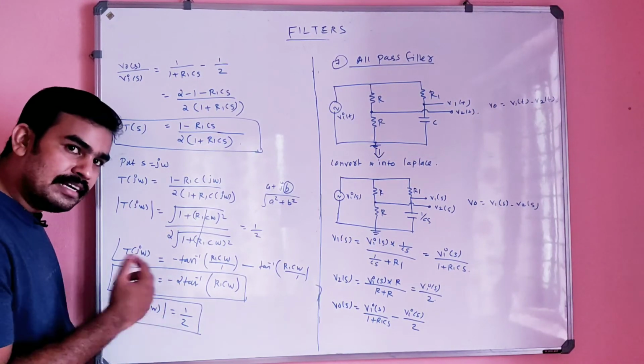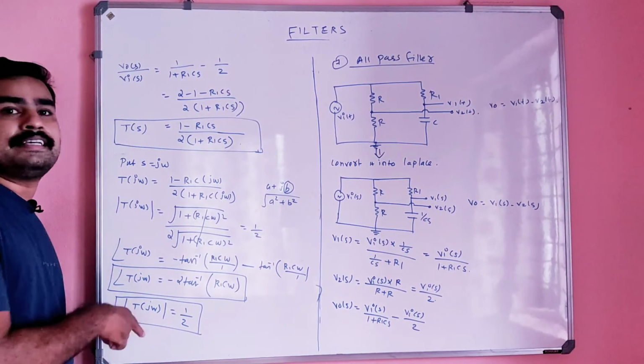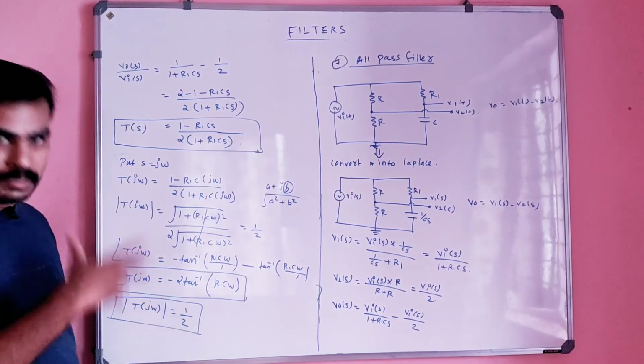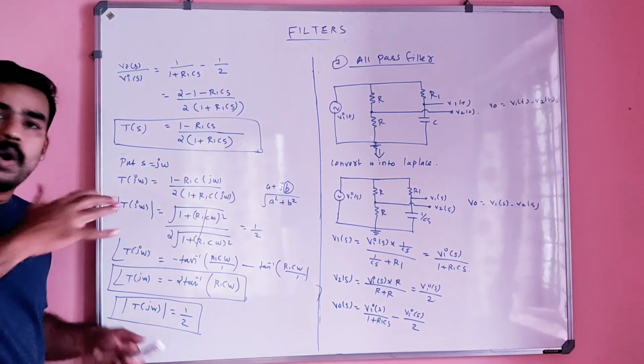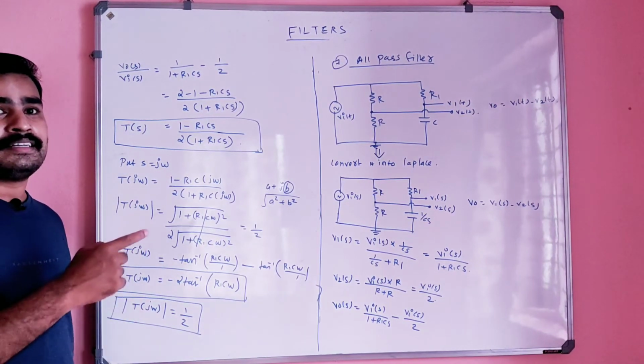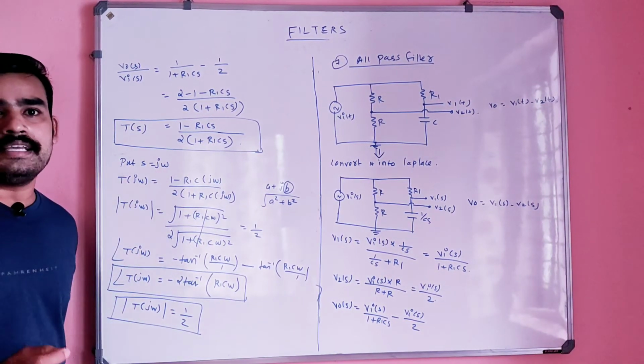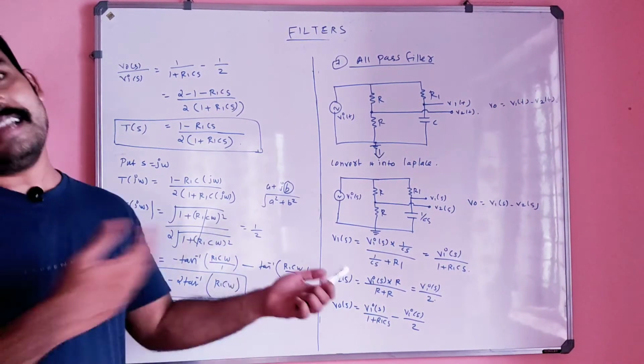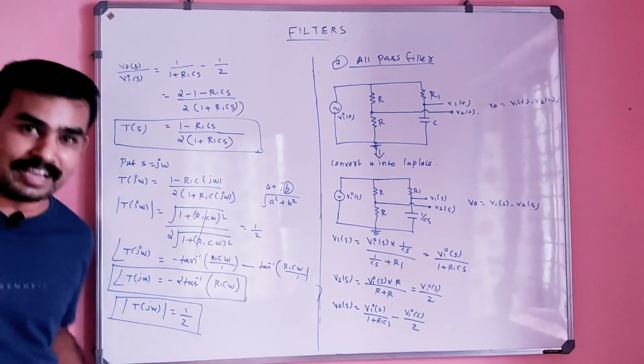Since the angle term contains omega, this is not a constant phase angle producing filter, but a filter which allows all the frequencies, with some phase angle, some phase lag or lead, depending upon the value of omega.